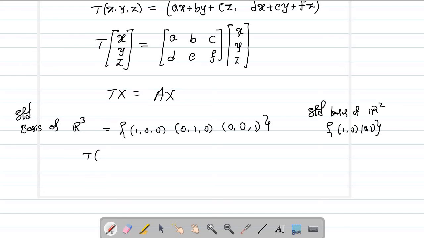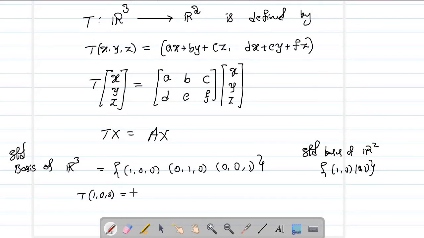Now first I am going to see the image of (1,0,0), the first element in the basis set. The image of (1,0,0) is (a,d). Now you have to write it as a combination of the basis elements here. The basis elements are (1,0) and (0,1). So (a,d) can be written as a into (1,0) plus d into (0,1).